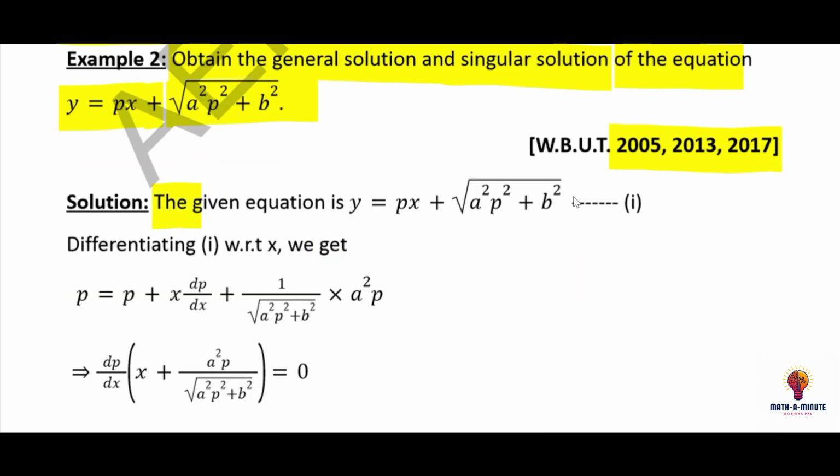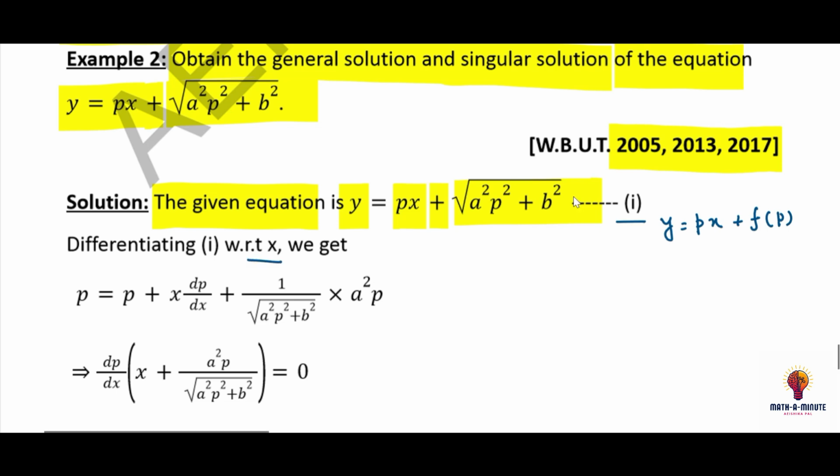So the given differential equation is y equals px plus square root of (a square p square plus b square). So we can say that the given equation is in the form of y equals px plus any function of p. So we have to differentiate this equation 1 with respect to x.